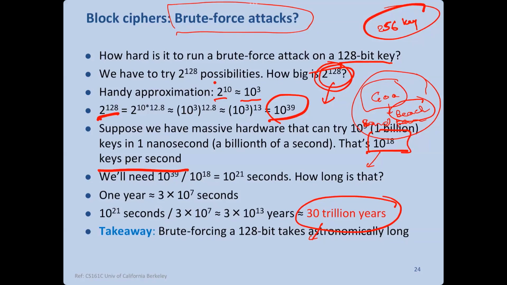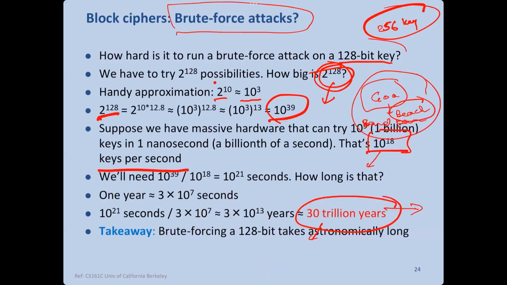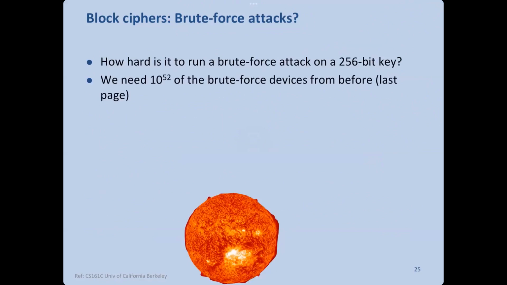Now this is a very long time. Okay, let's look at other ways, right? Now let's increase the key size to 256. And then say that we can use not only one computer, but as many computers as possible.